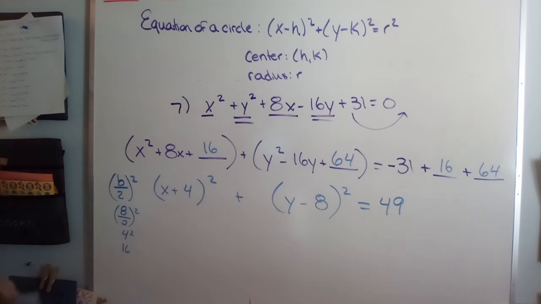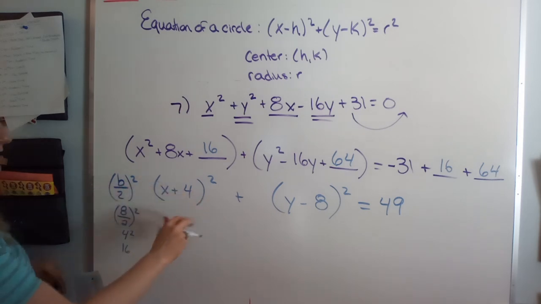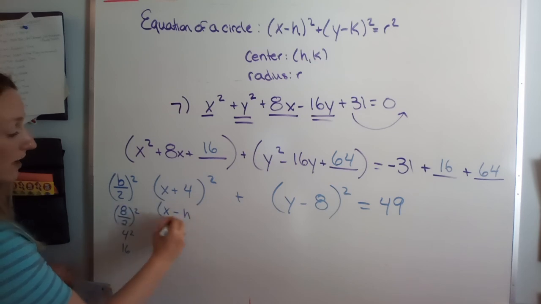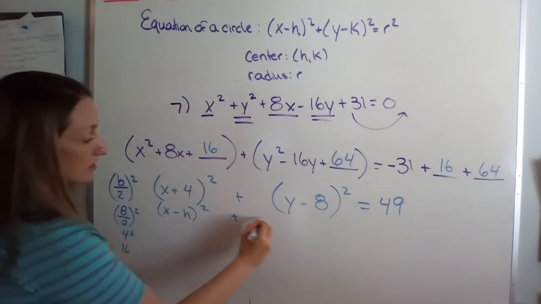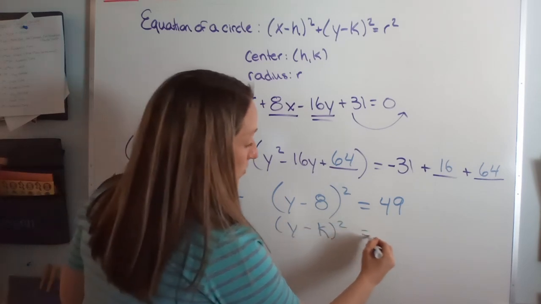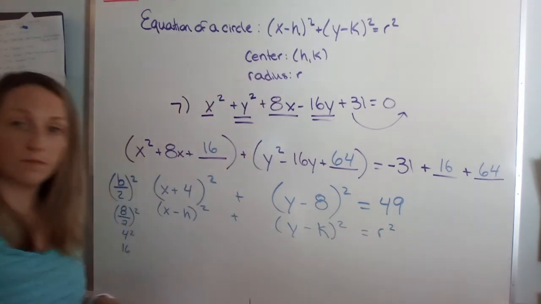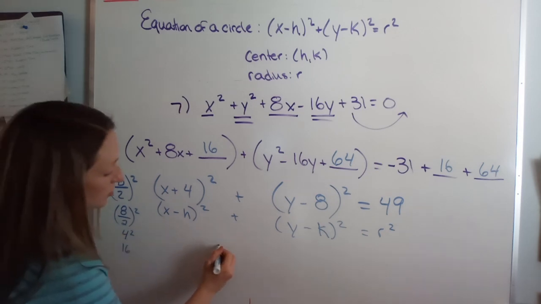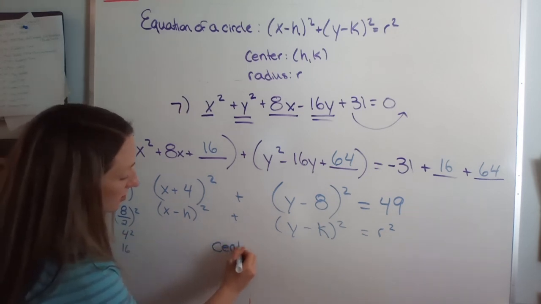All right. So what did you just do? You completed the square, but now do you notice you're in x minus h squared plus y minus k squared equals r squared form? You have an equation of a circle. So now looking at the equation, you should be able to tell me the center.